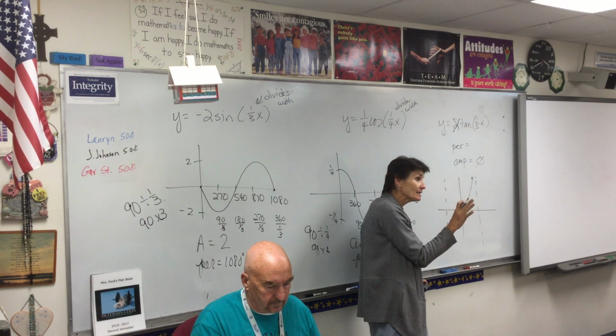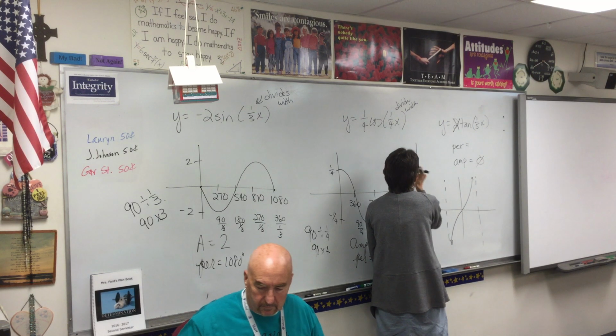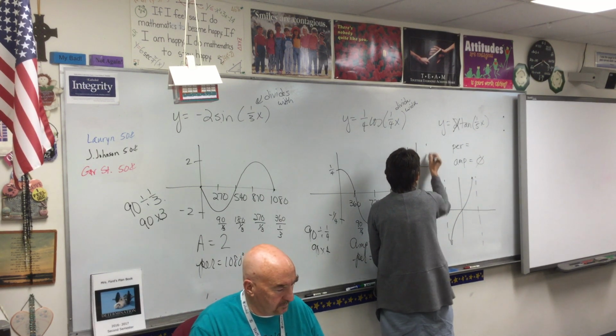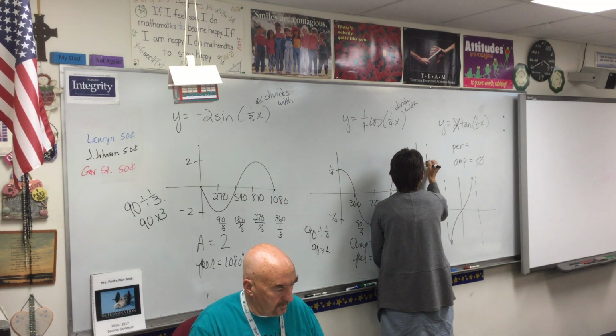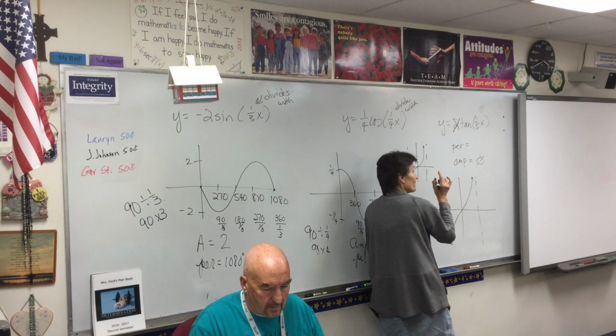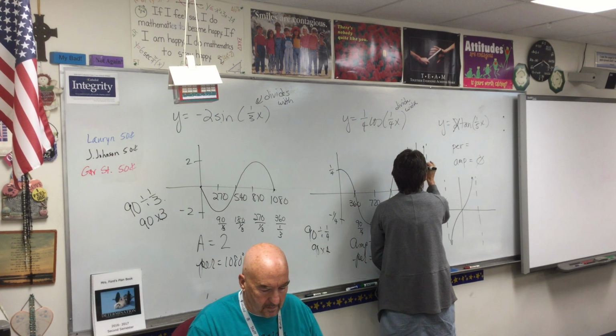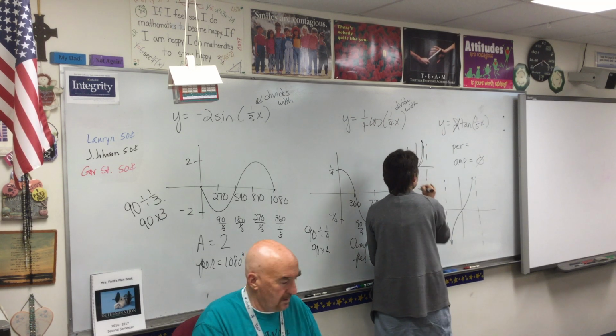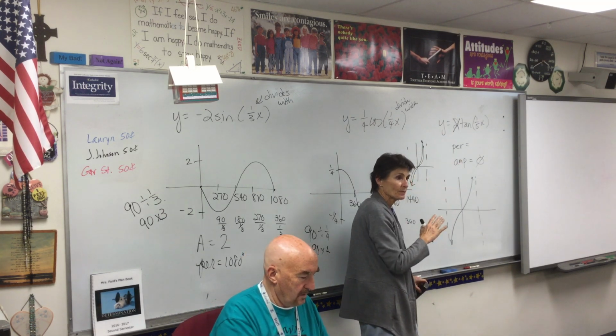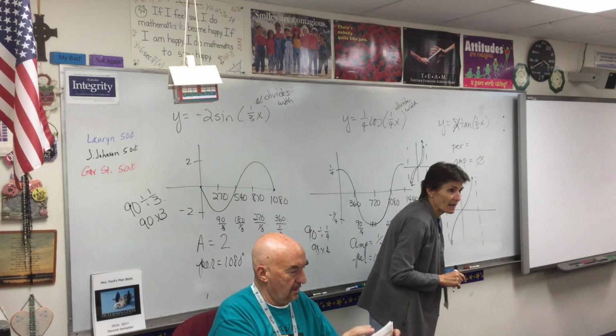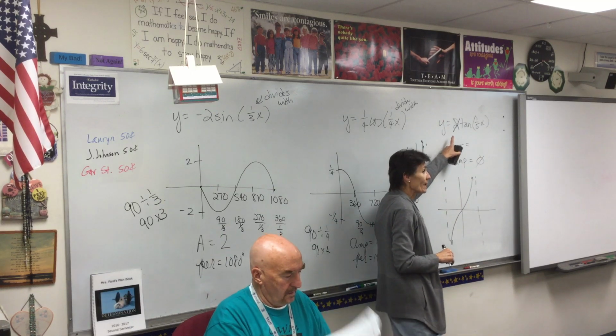Now, the reality is that if I graphed a regular tangent, it would look like this. But if I put a 2 in front, it would just stretch it out a little bit more and make it more straight. You are going to ignore that 2.